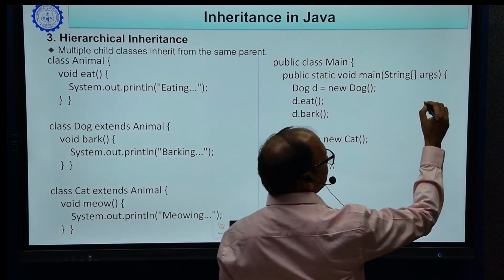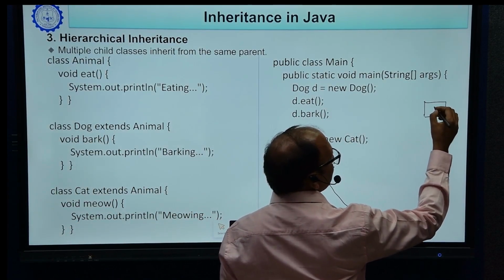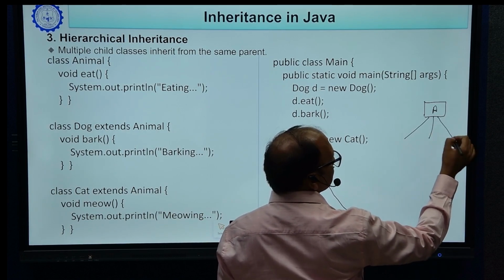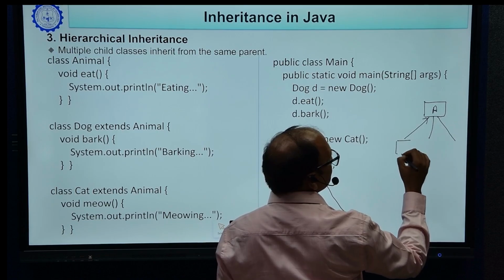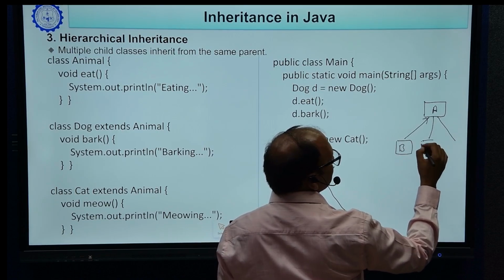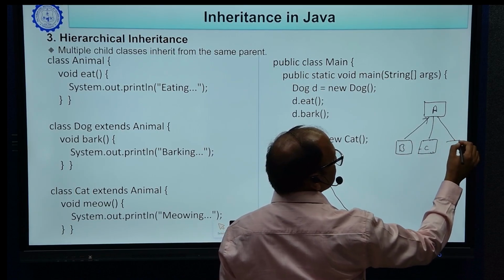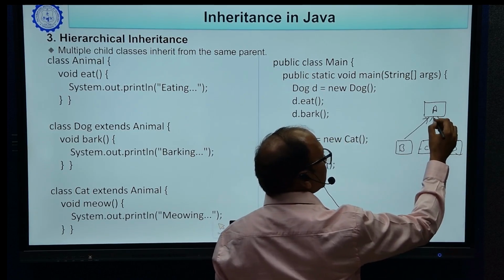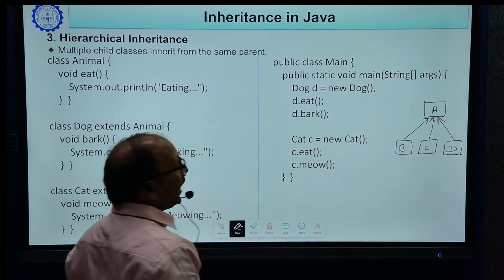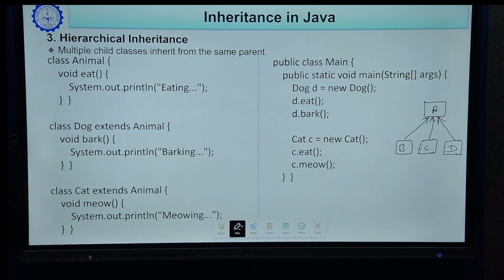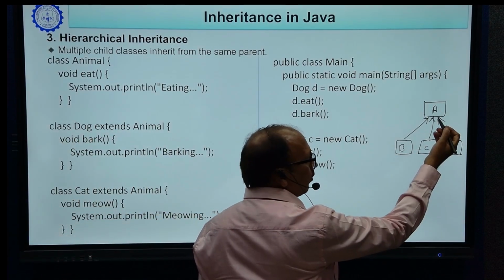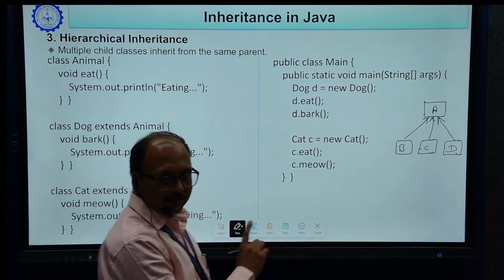We have a class A, and the class has a number of children, more than one child: child B, child C, child D, and so on. More than one child will be there, so we can say this is hierarchical inheritance, right? All the child classes can acquire the properties of the parent class. Parent class is A, right?